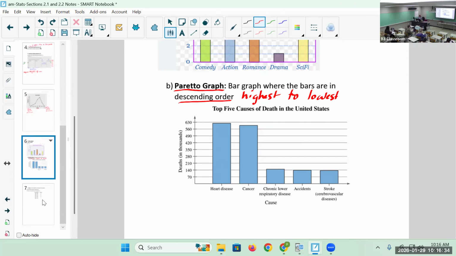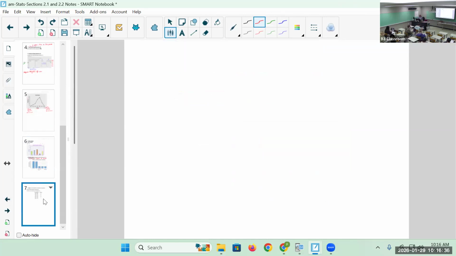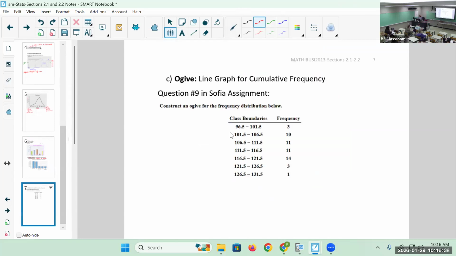Now, the next one is called an ogive, and we're going to look at it in Sophia, but we need to do a little bit of work. And when I open problem 9 on assignment 6 on Sophia, it's going to change our numbers completely, okay?